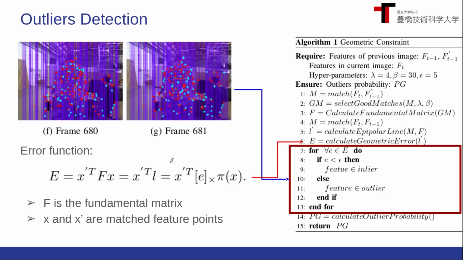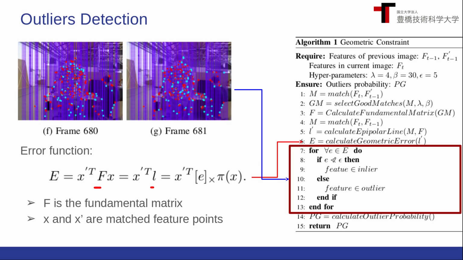We use the fundamental reprojection error as the error function. F is the fundamental matrix, L is the epipolar lines. The red points in this figure are outliers. These outliers are decided by comparing the geometric error with the threshold.